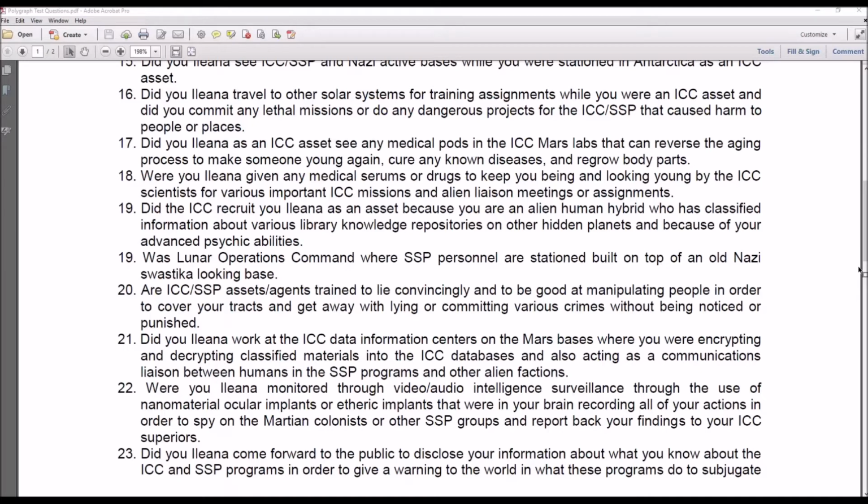And the answer why it's yes is because I do remember traveling outside our solar system and other solar systems in galaxies and being given specific training assignments by the ICC to commit lethal missions or do dangerous projects that unfortunately did change people's lives and did ruin places, because the ICC, what they do is they build plasma weapons, bombs and stuff that can destroy vessels out in space, that can destroy planets or cities.